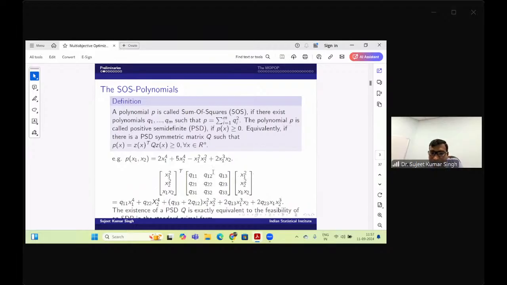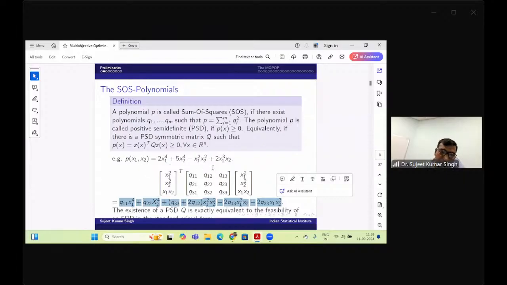We need to find the variables q_ij of this matrix by equating this to the original polynomial. By multiplying out this matrix expression, we get a right-hand side, and then by equating it to the coefficients of the left-hand side polynomial, we will be able to find the values of q_ij.